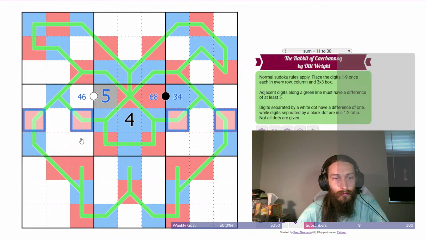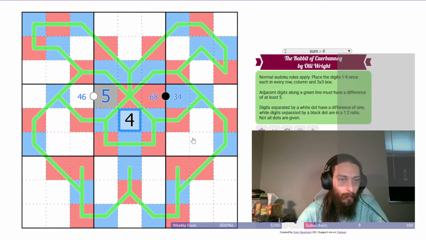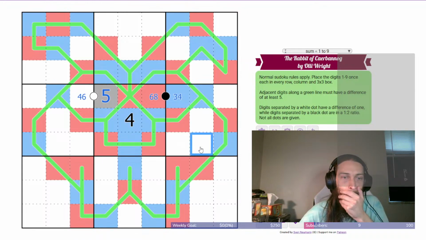I guess I'm not seeing why it can't be high instead of low. Like that can't be a 6. The 4 in the middle, it was a given 4. Oh, it was a given. Okay, never mind.